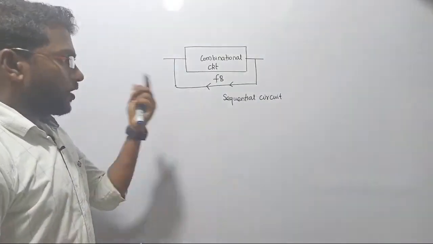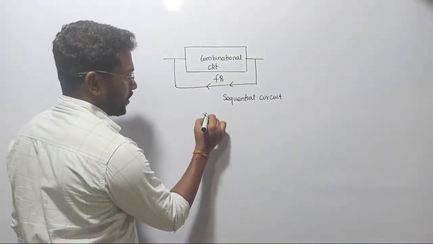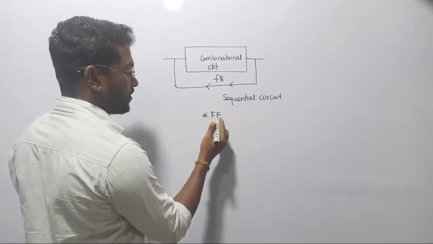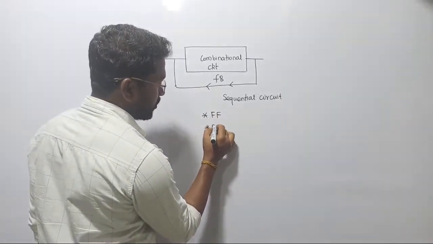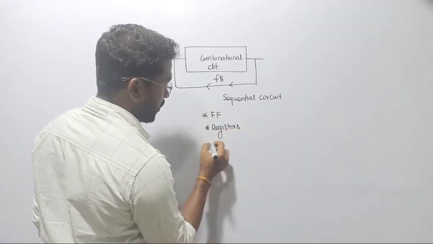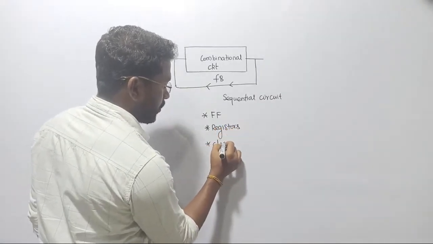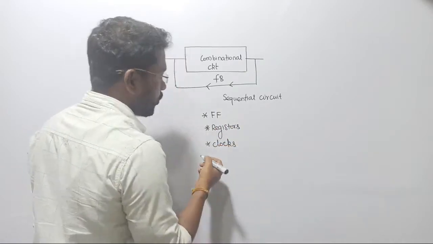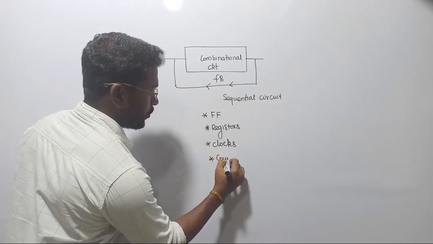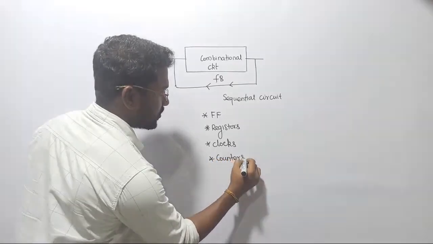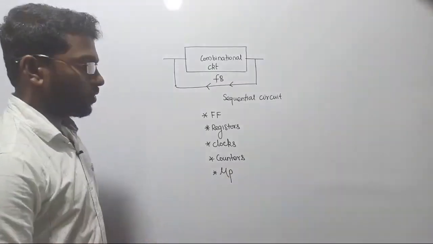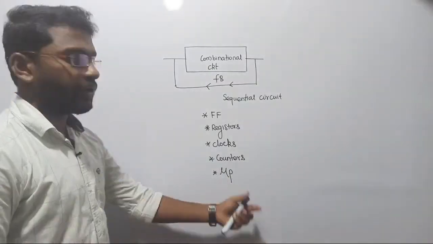Now what are the applications, right? Its major applications are, first of all we are going to design flip-flops, that is memory circuits, and then we are going to use it in registers, right? And then we are going to use it in clocks, and also in counters, and the major application is also the microprocessor, so I can just put etc, right?